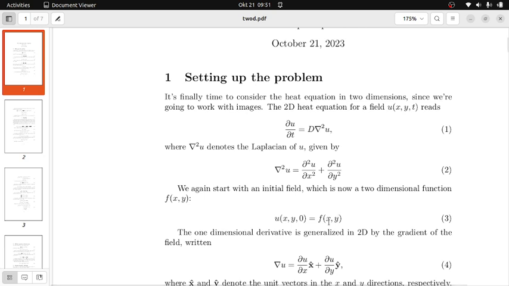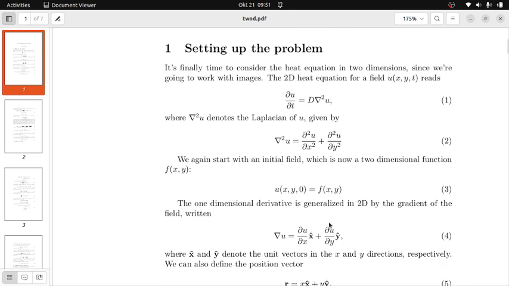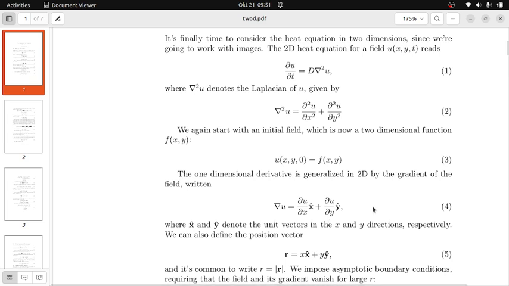f is now a two-dimensional function instead of a 1D one. All of this should be familiar from calculus of several variables. We have a 2D function, in this case a scalar field, because it takes a point in 2D and returns a number in 1D.